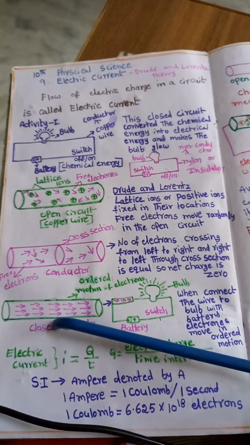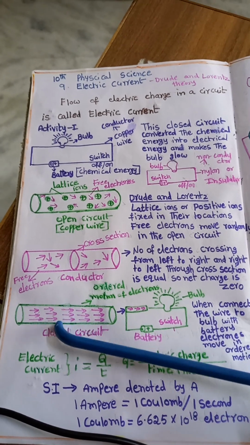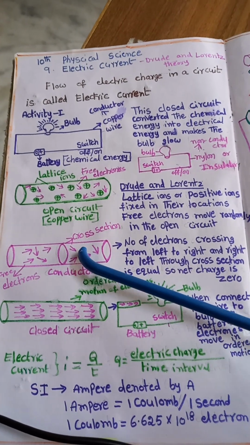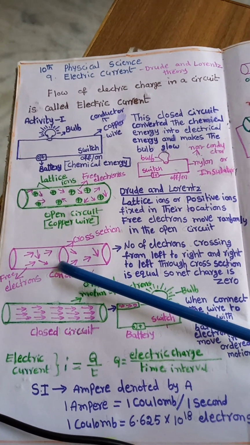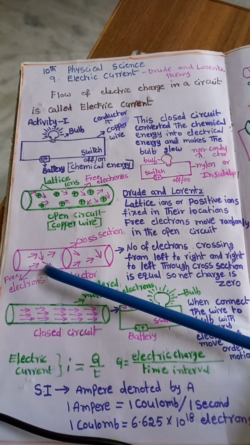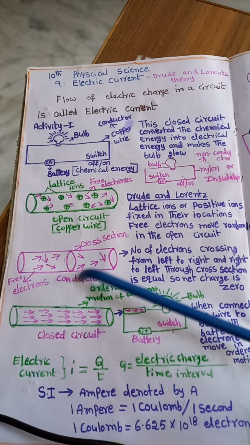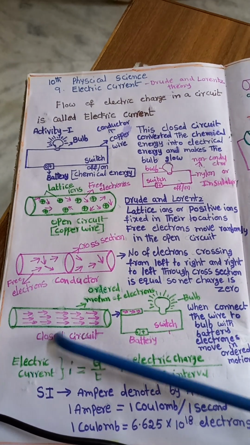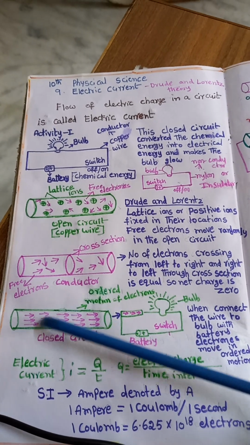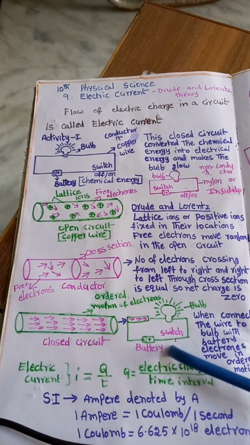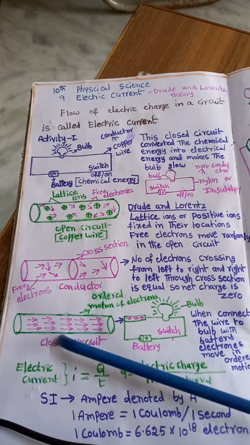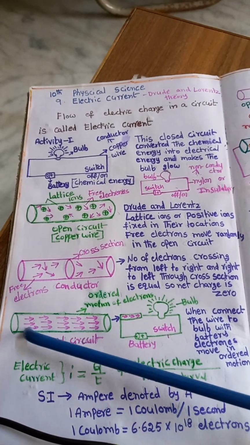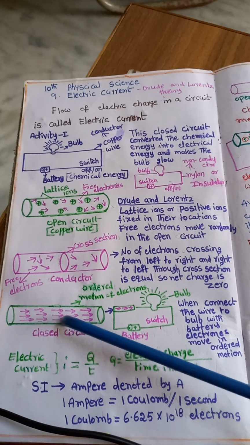When this wire is connected to the battery, whereas the electrons were moving randomly inside the copper wire, now automatically the electrons move in orderly motion.